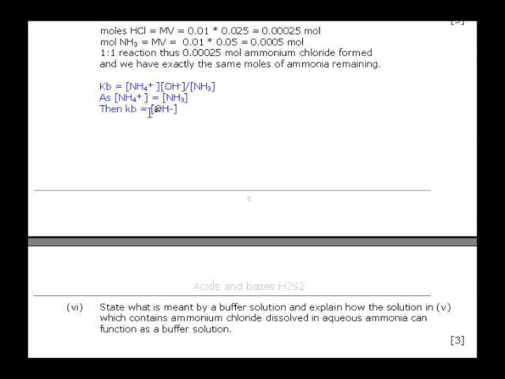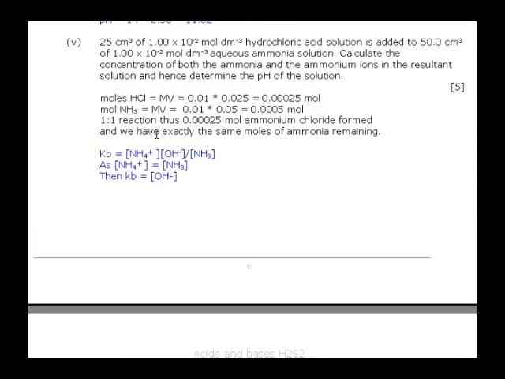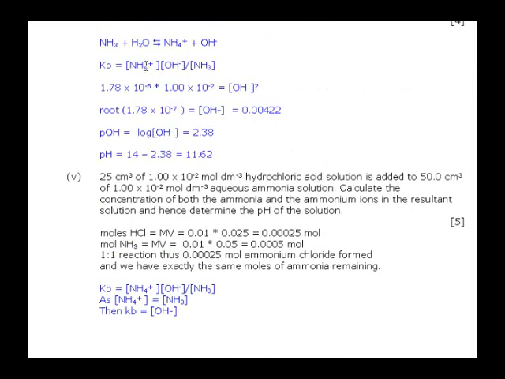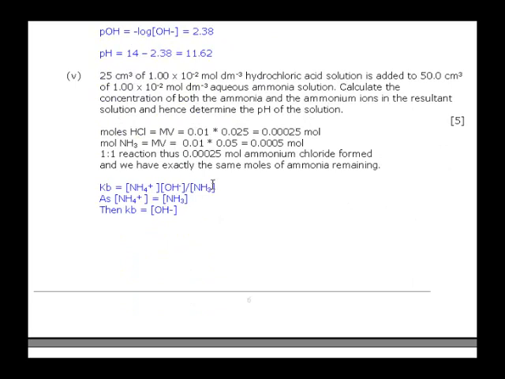Quite handy because we know what KB is from earlier on as well. We found KB as 1.78 times 10 to the minus 5. Copy, OH minus equals 1.78 times 10 to the minus 5.